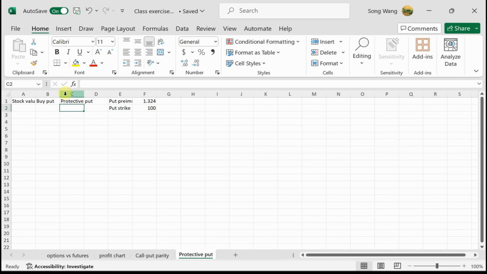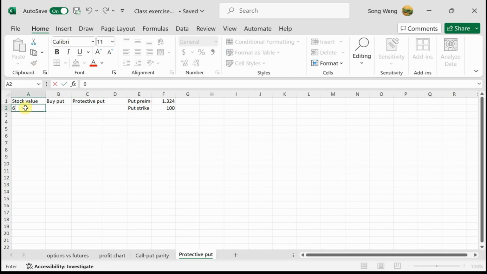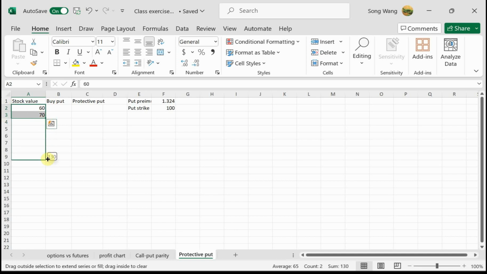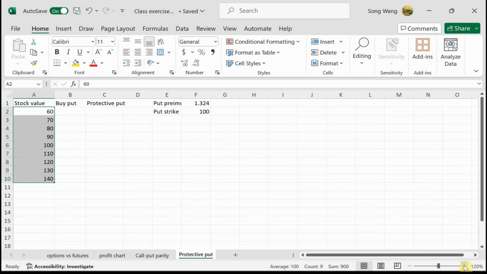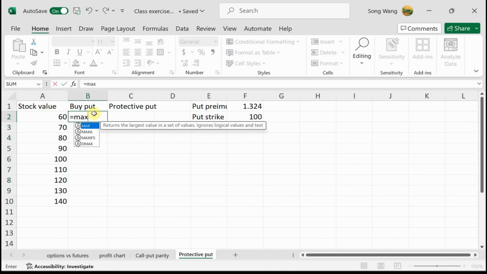Okay, this time you don't need to calculate the profit from buying the stock. So the textbook gives you 60, 70, and all the way to 140. Okay, so that's your option value. And then to get the profit from buying a put, you will need to get either 0 or the put strike minus the stock value.